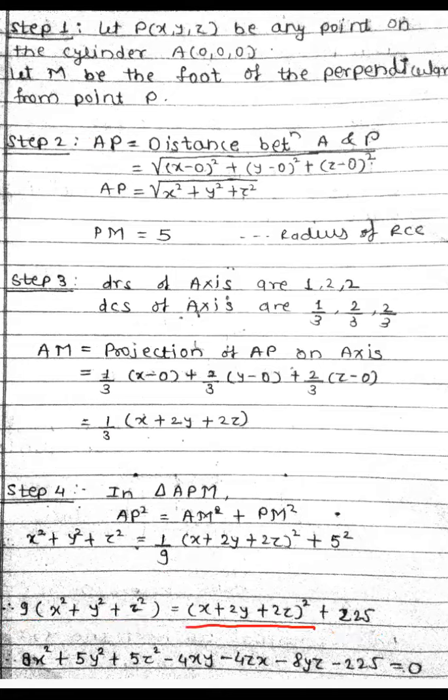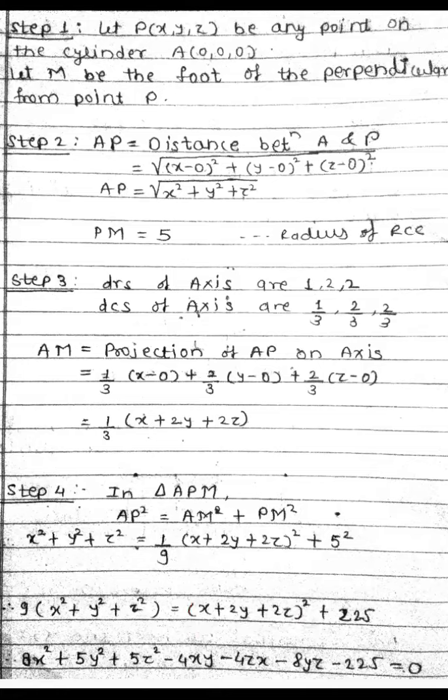How to open the bracket square? I already explained in the previous example. You consider the bracket square as the bracket taken 2 times and do term by term multiplication, and you will obtain the answer of this bracket square.